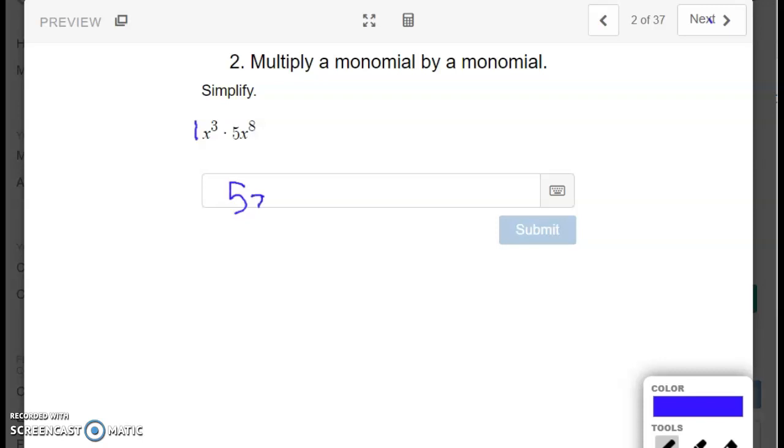So x is being multiplied 3 times here, and then 8 more times here. So we can just add the exponents, and the final answer will be x to the power of 11.